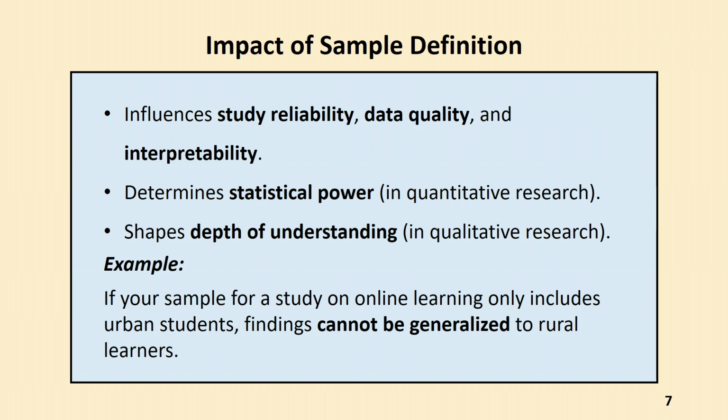If your sample for a study on online learning only includes urban students, findings cannot be generalized to rural learners. Here we have to understand that if you have selected a certain population and you are selecting some sample out of it, whatever data you have collected and analysis you have done, those results are not applicable to other samples out of that population.